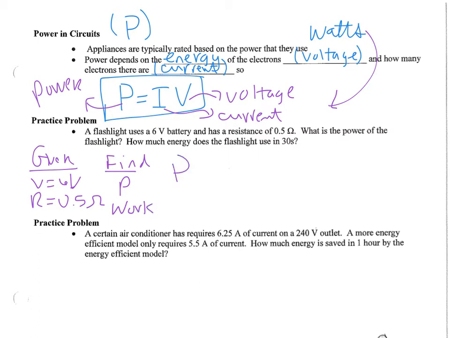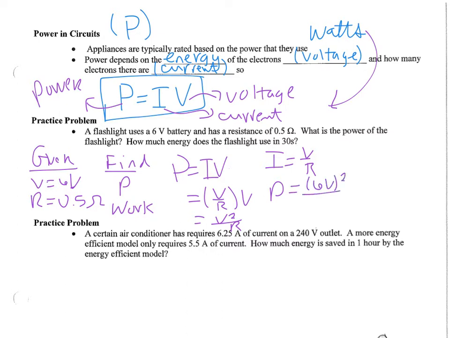So power equals IV. We know that current equals V over R. So power equals V over R times V, or V squared over R. So power equals 6 volts squared divided by 0.5 ohms. This equals 36 divided by 0.5, so 72 watts.